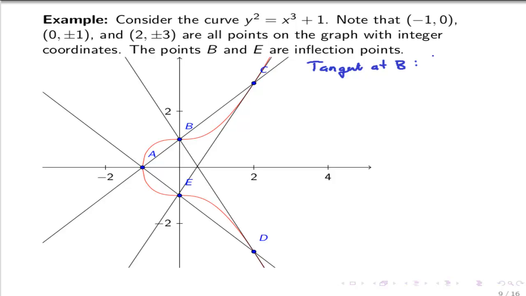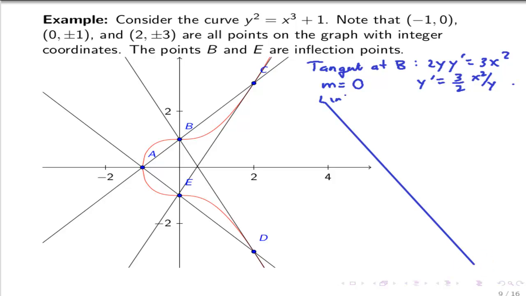So we have to find the slope at the point B, and well, we already did that. 2y prime is 3x squared, so y prime is 3/2 x squared over y. And so the slope at B is 0. And the tangent line, that's not the tangent line.